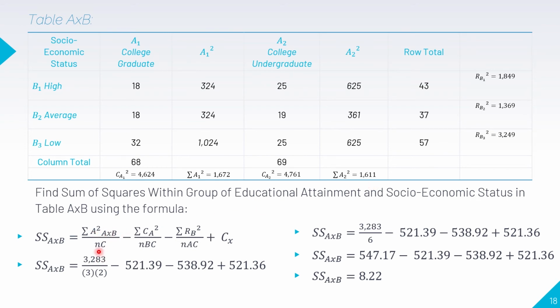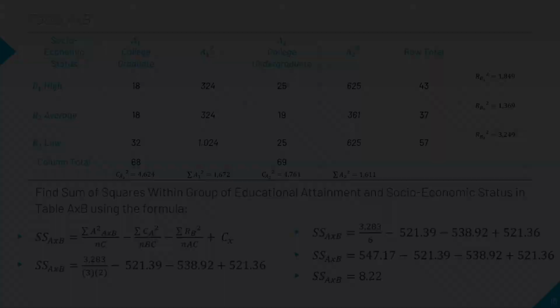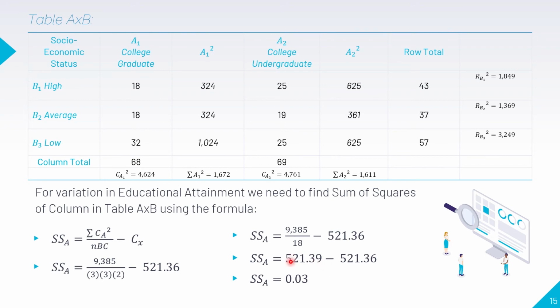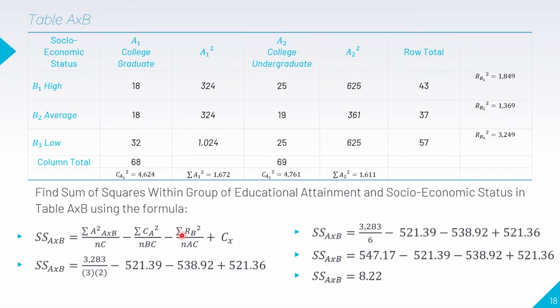So our NC over NC, our N is 3, right? And our C is 2. The unemployed and the employed. So this one, we already calculated it. So we just need to put it like this one, CA squared. We have this CA squared, right? So 521.39. And our summation of RB squared over NAC, we have this 538.82.